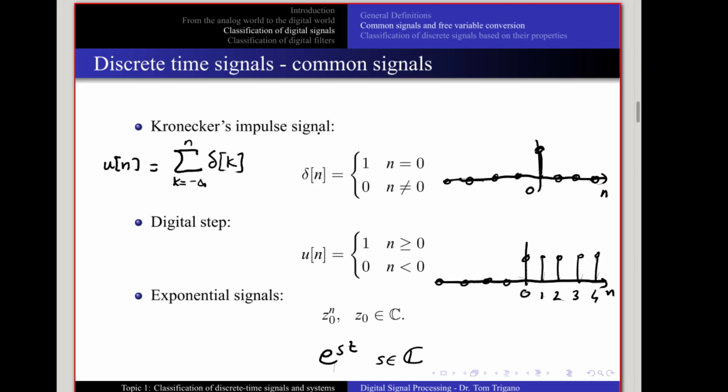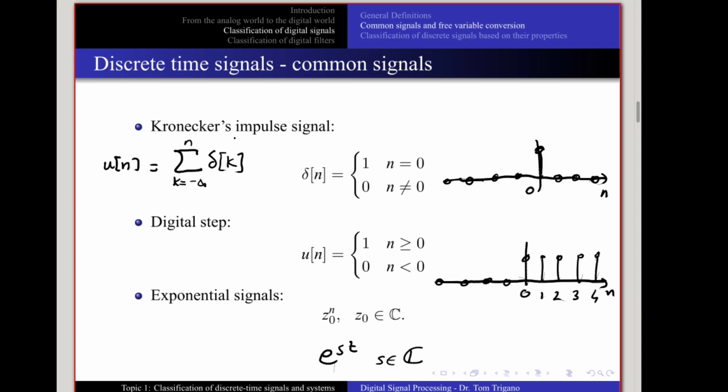For n negative, all the values of delta included in the summation interval are equal to 0, so the global sum will be equal to 0. On the other hand, when n is non-negative, the summation interval includes n equals 0, and all the values will be equal to 0 besides the centered one, which is equal to 1.